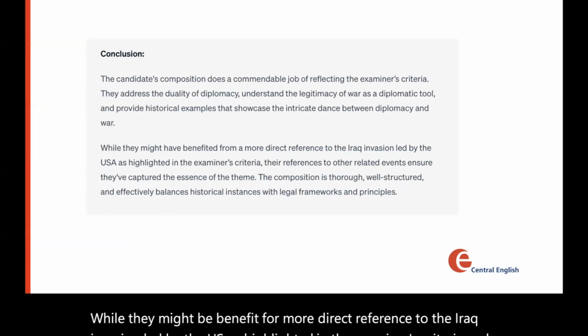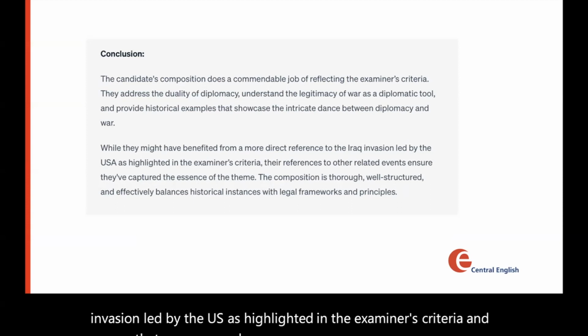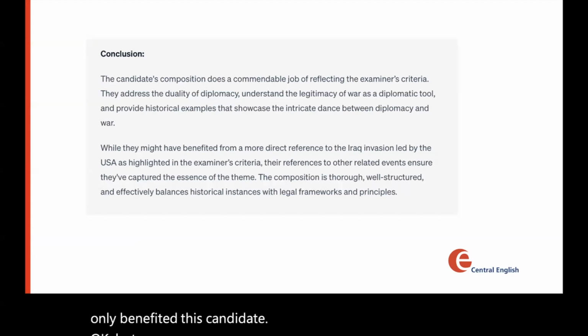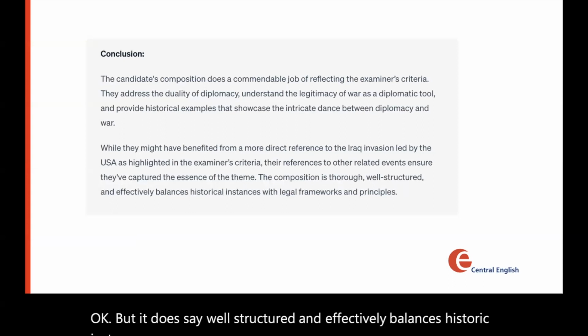And we see that was removed, of course, in the second version. So this only benefited this candidate. Okay, but it does say well-structured and effectively balances historic instances with the legal frameworks and principles. So that's why it's a very high-level composition.